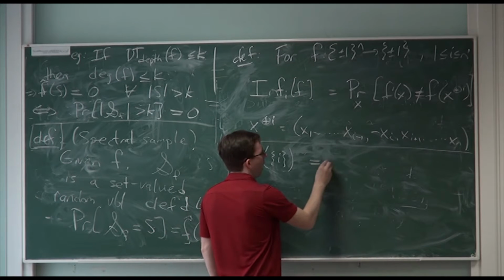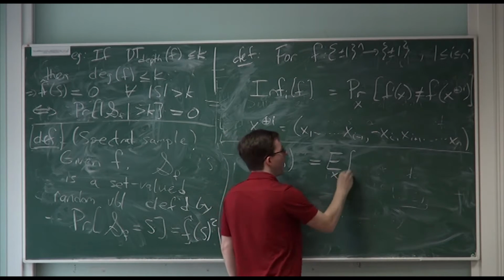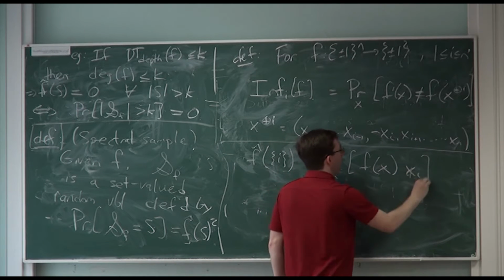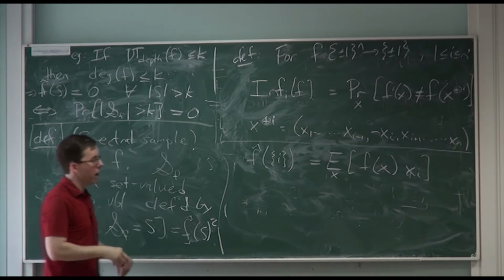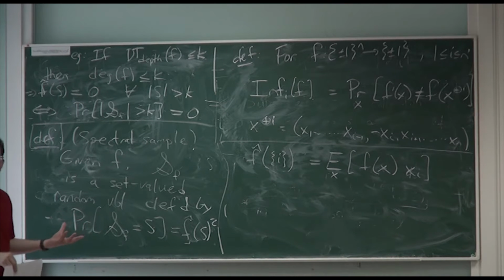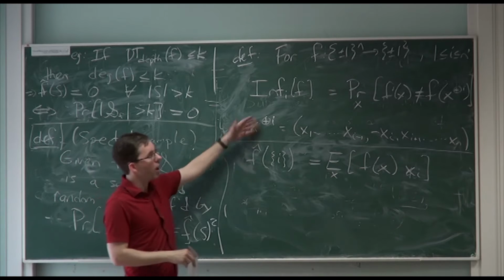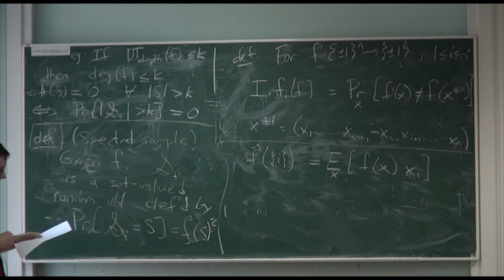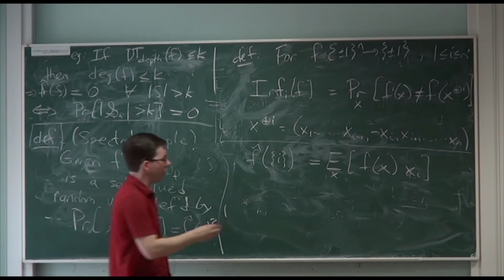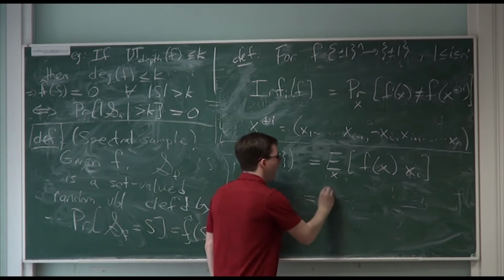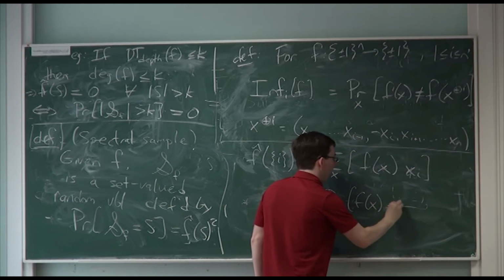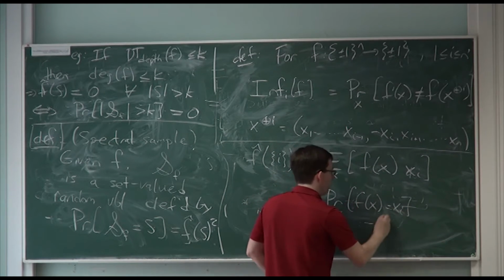We saw that this equals the expectation, over a random x, of f of x times x_i, which measures the correlation of f with the ith coordinate. Let me compare them, because they turn out not to be the same thing, but they're related. Let's do some examples. Let me also write it as the probability, over a random x, that f of x equals x_i, minus the probability that they differ.